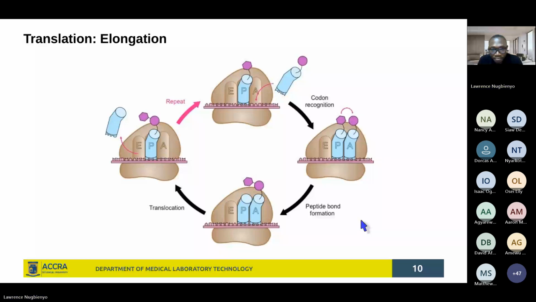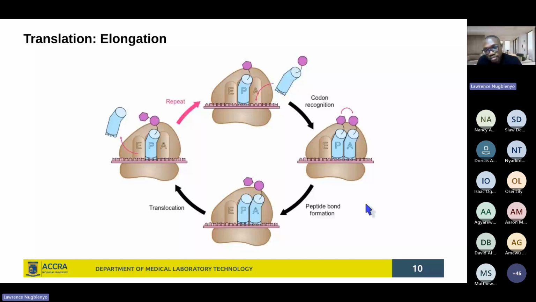Now, there has to be elongation. We saw initiation, but that's just one amino acid, methionine, which came into the complex. After that, there should be more amino acids that will come into the complex and bind onto the first amino acid.